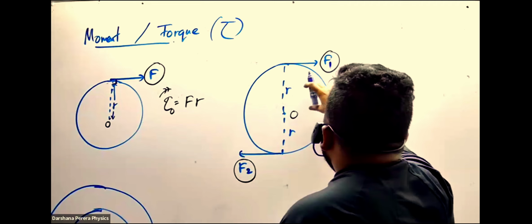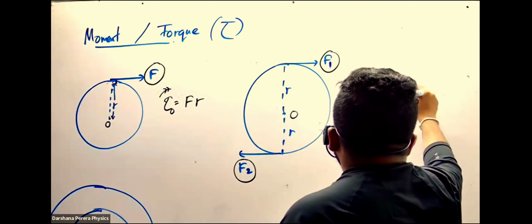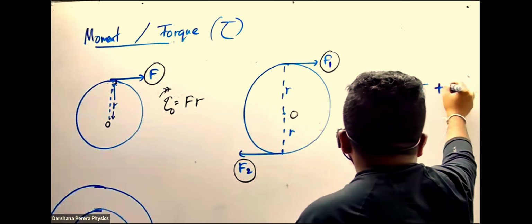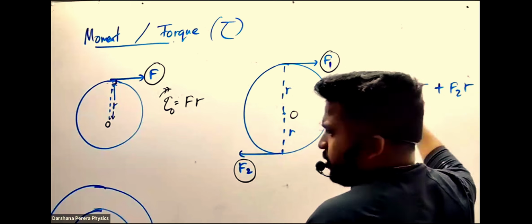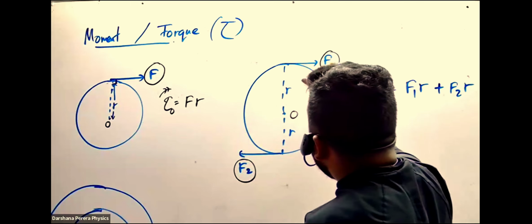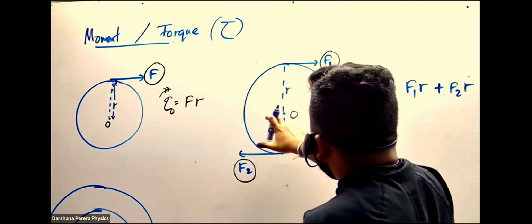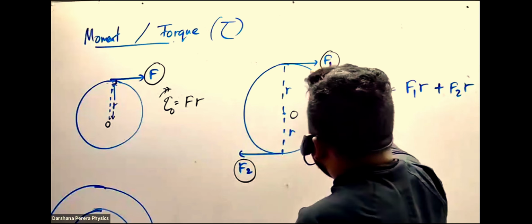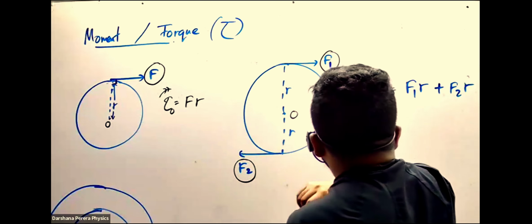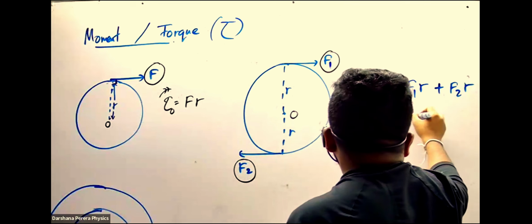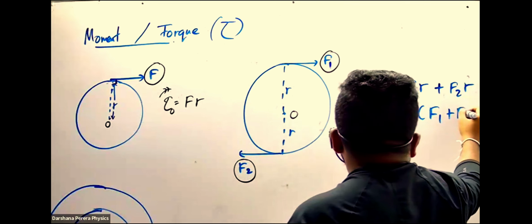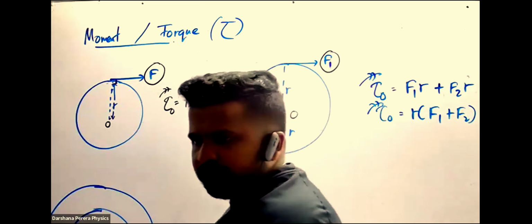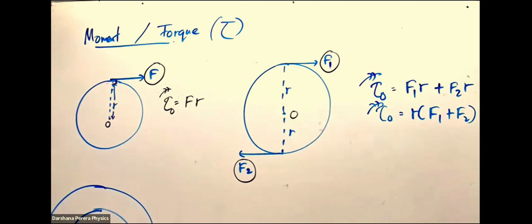The value is F1 into R plus F2 into R. Both are in the same direction. Therefore, tau equals this. See, very easy.